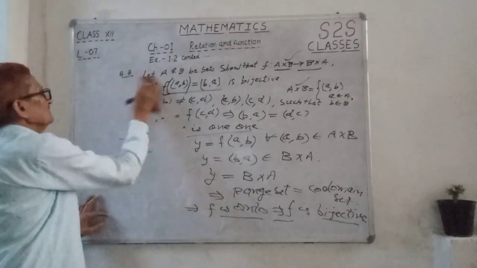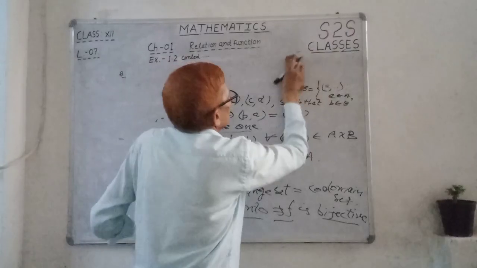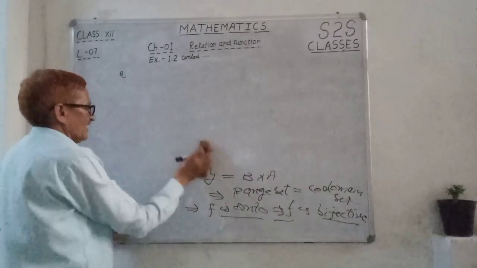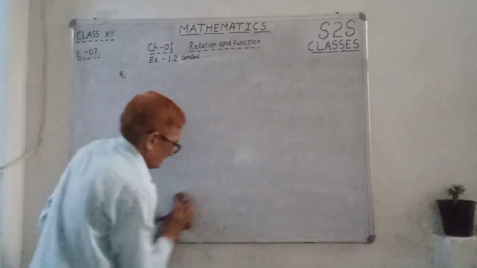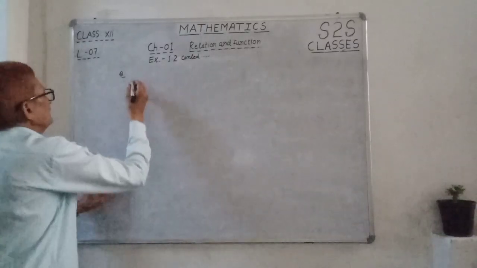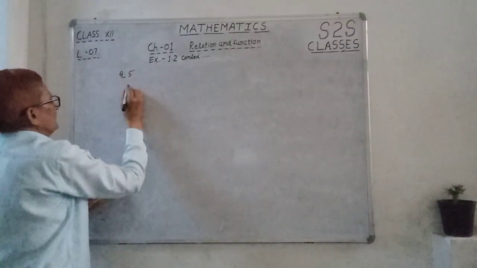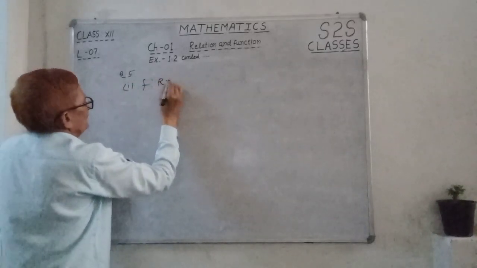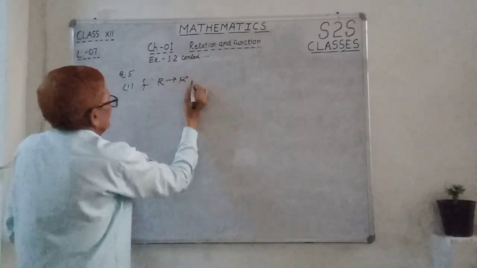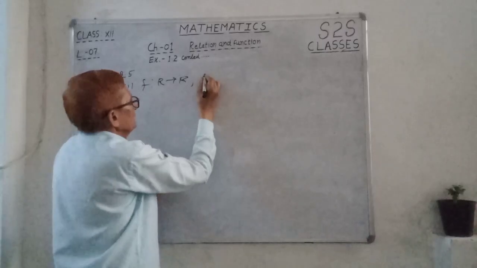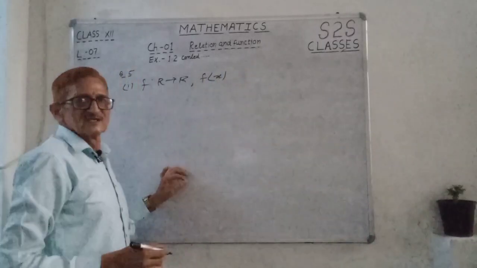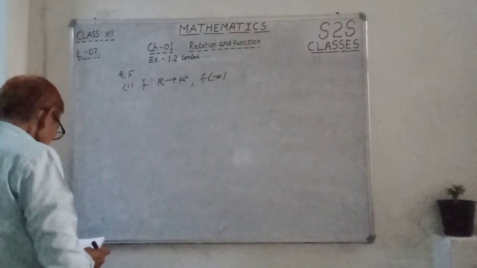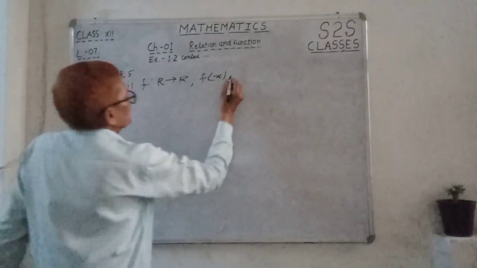Now the next question, question number 5. Question number 5, first part: f from real numbers to real numbers defined by f(x) equal to 3 minus 4x.